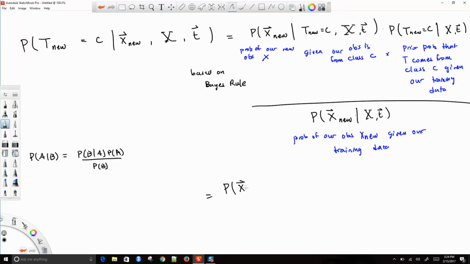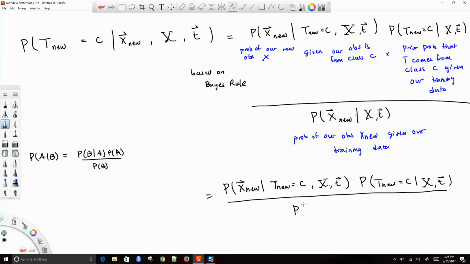So let me just write this in a slightly neater form. It's exactly the same thing, but without the blueprint here, okay? Okay, so all we're doing is using Bayes' rule to figure out, based on this data, x new, the probability that our classification is class C, okay?